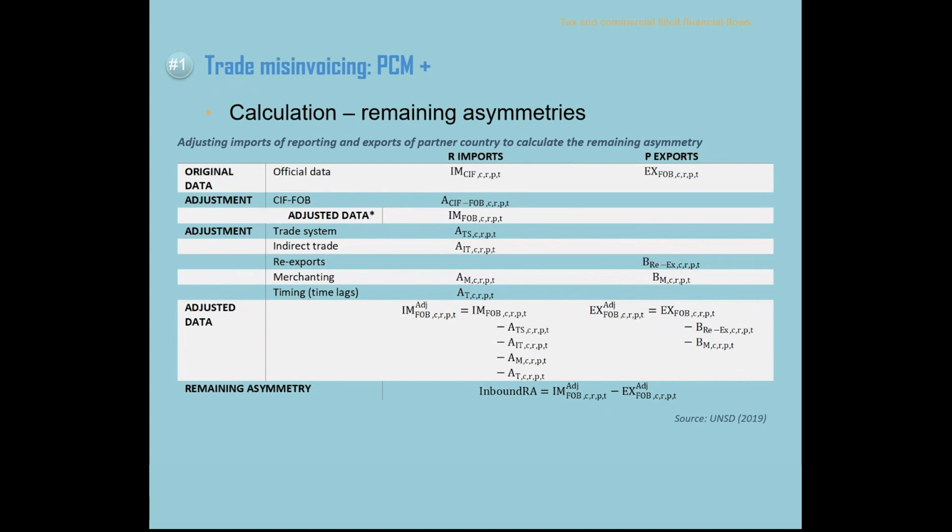When we take the difference between those two, we have the remaining asymmetry on the inbound part, in this case, because we are looking at the imports of the reporting country. Of course, in the same way, we are processing the exports of our country, the R exports, and therefore we obtain the so-called outbound remaining asymmetries, which are, of course, important for our calculation.